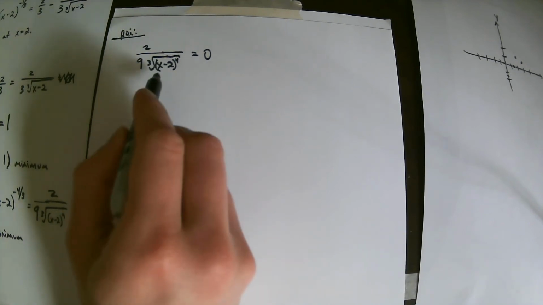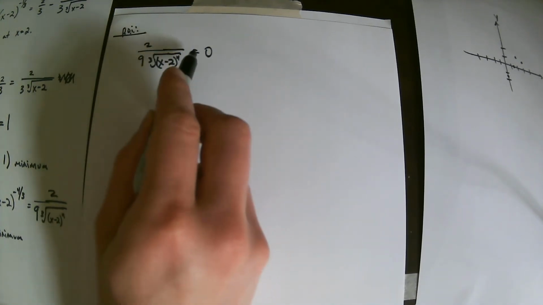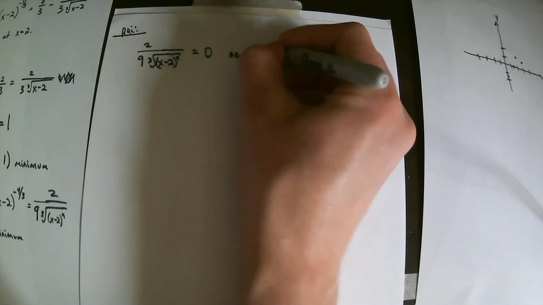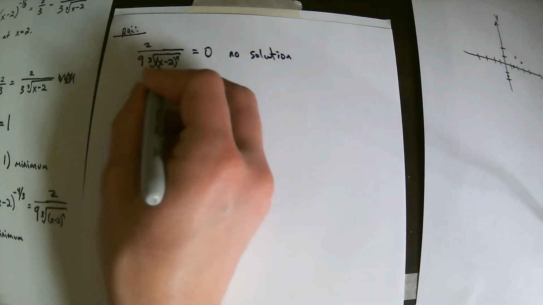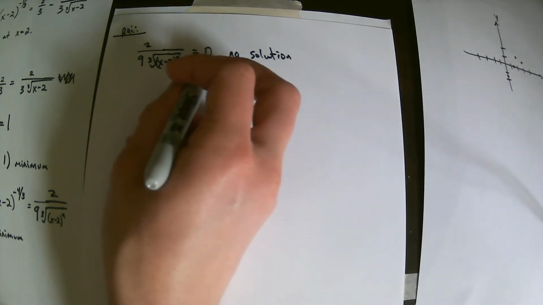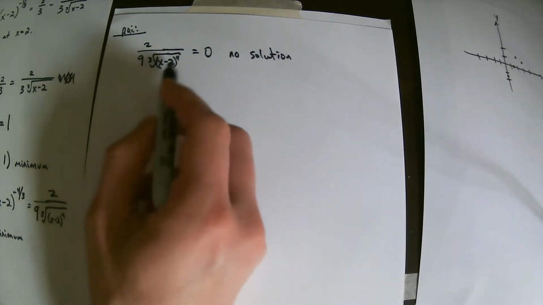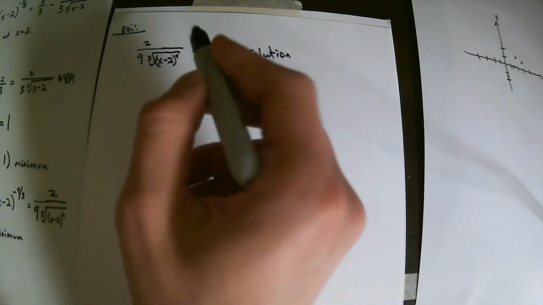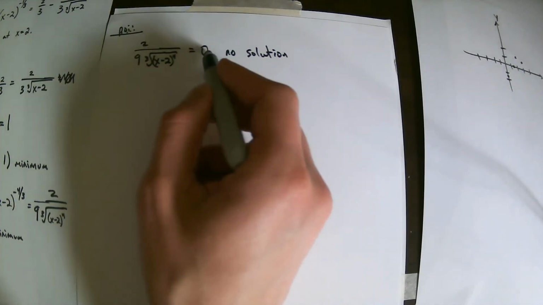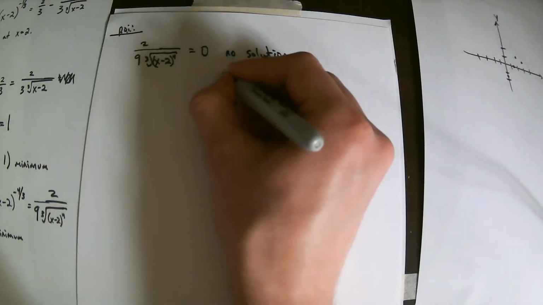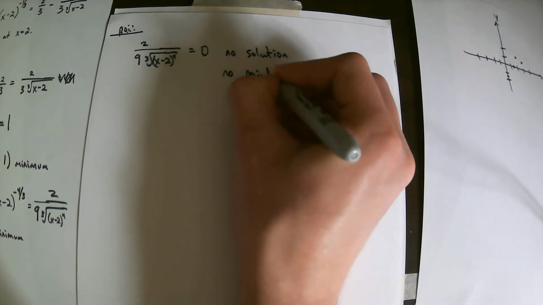If x is in the denominator by itself here, and you're trying to set it equal to 0 and solve, there's no solution. There's no value of x that you can plug into a denominator that will give you a 0. You can make it undefined, right? I can plug a 2 in here and make the denominator 0, making this undefined, but I can't get a 0 in the top, right? There's no way to get a 0 in the top, so there's no solution. This means there are no points of inflection.